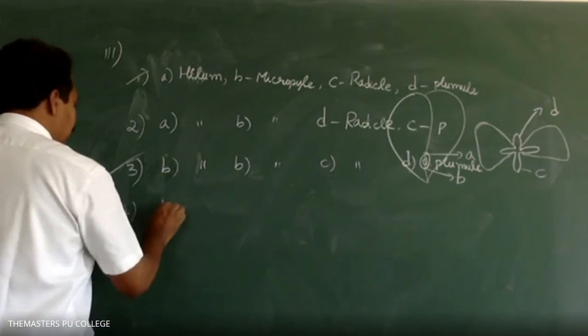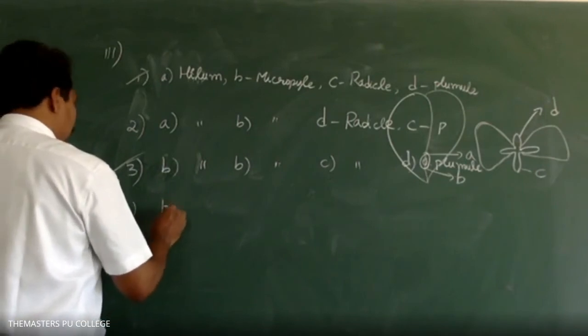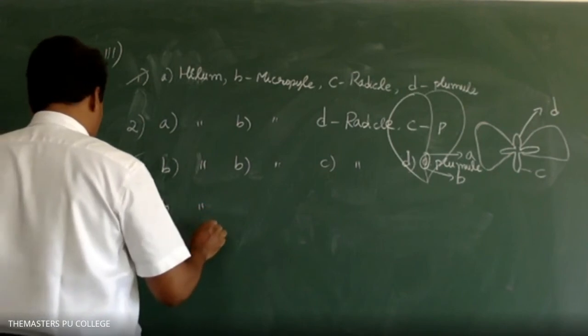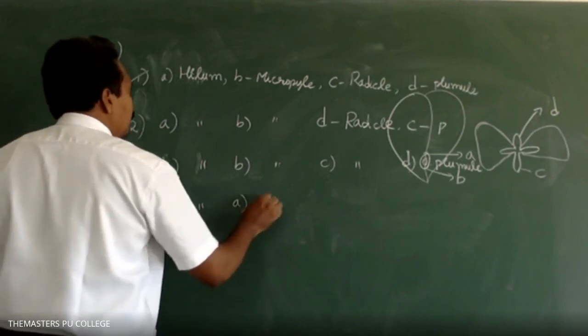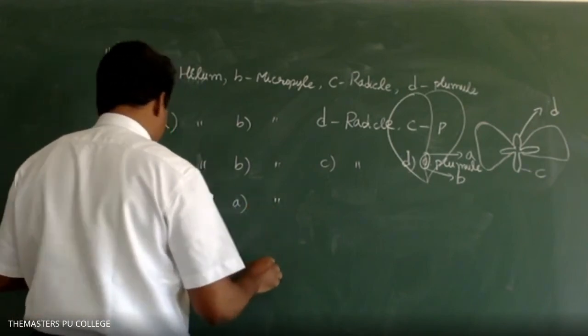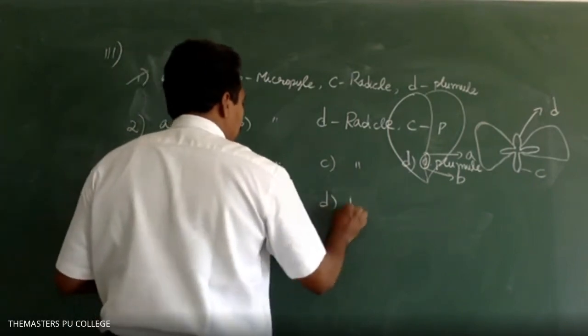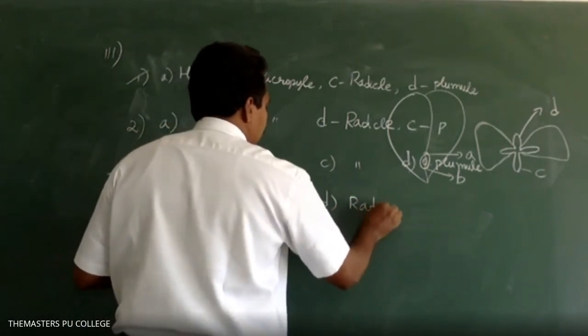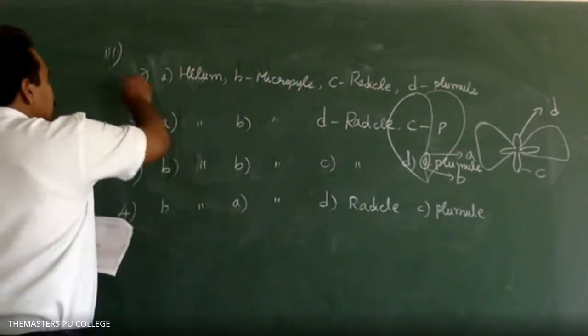Option 4 is B, testa, A, micropyle, D, radicle, C, plumule. First option, sir. Option 1, sir. Very good. Option 1 is the correct one.